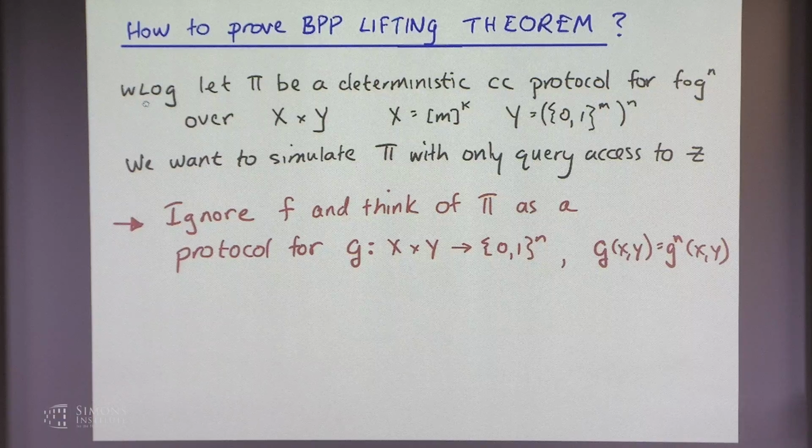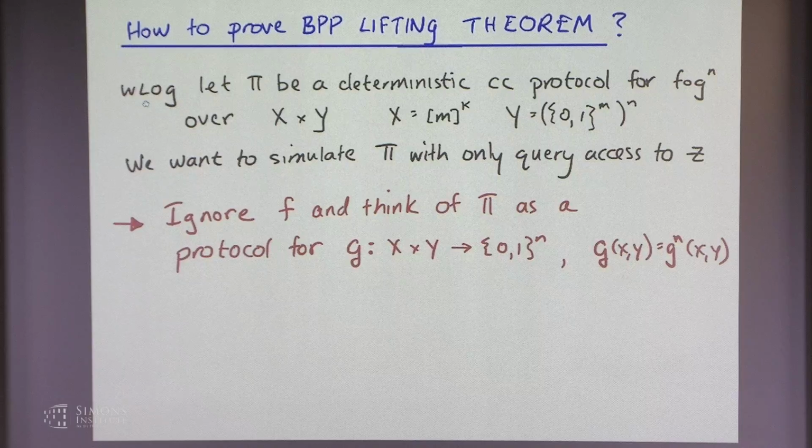Okay, so how are we going to prove this? When I say how we're going to prove this, I mean I want to give you a constructive proof, so actually an algorithm that, given an arbitrary protocol, gives you the randomized decision tree. Okay, so first of all, since we don't know anything about f to begin with, we can't really use anything about f.